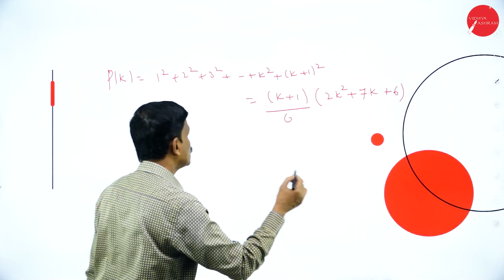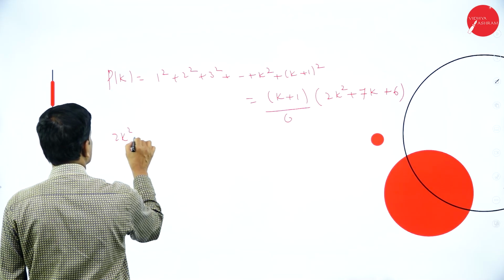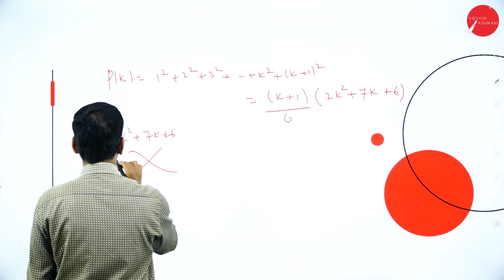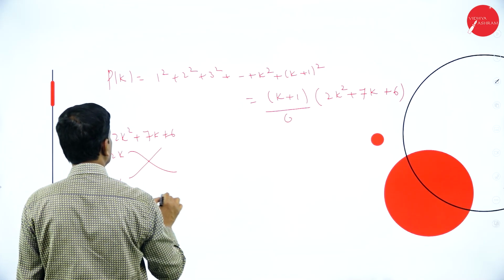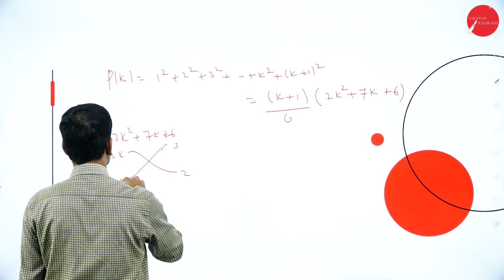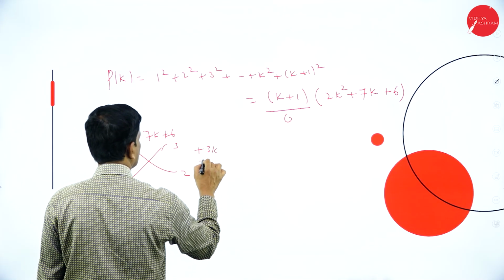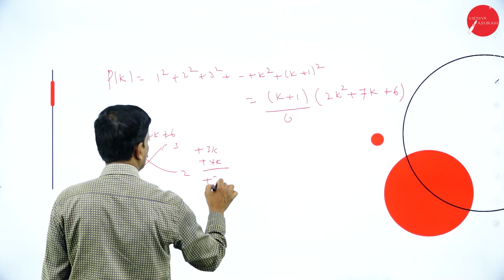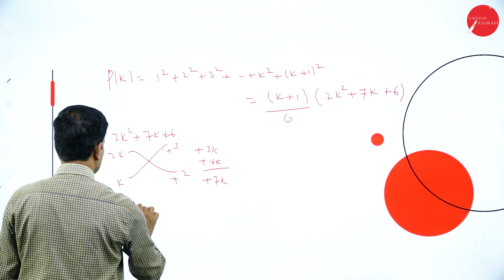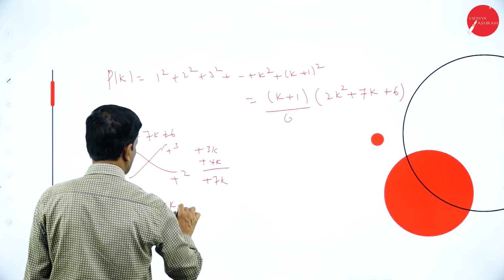Now factorize this, that's all. 2k square plus 7k plus 6 can be factorized as, you can take 2k into k, this can be written as 3 into 2. If you multiply, what you will get? Plus 3k plus 4k, that is equal to the middle term plus 7k you will get. So the factors are k plus 2 into 2k plus 3.